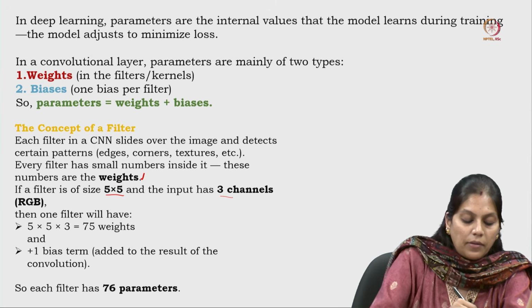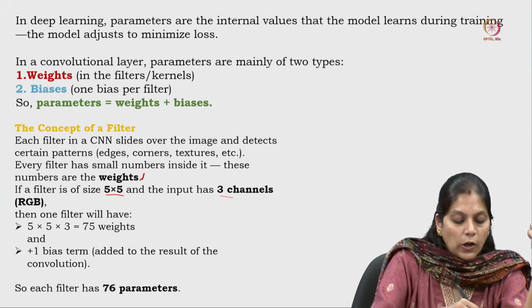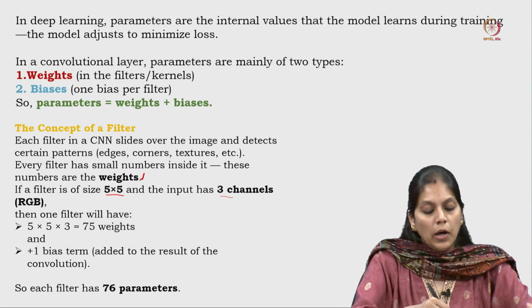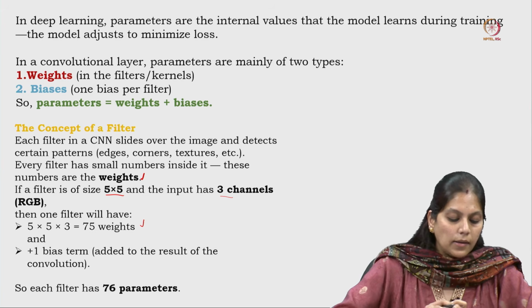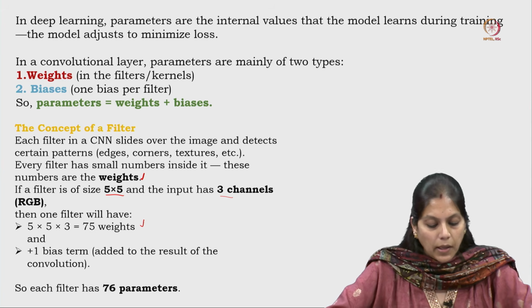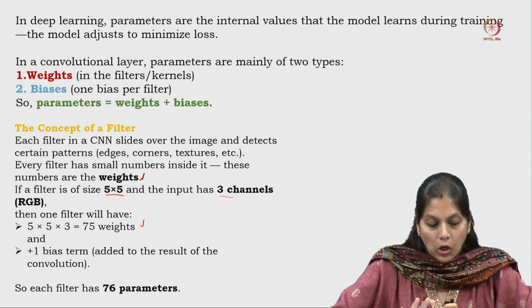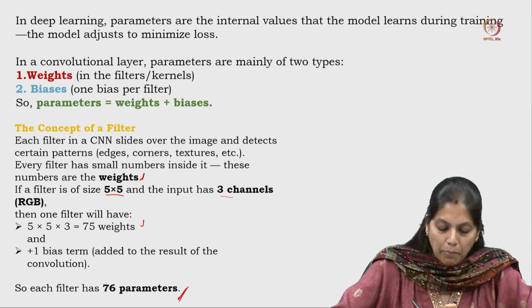It is 75. How do you get this 75? It is 5 cross 5 and 3 such filters. Therefore, the total weights are 75, and there is a plus 1 bias term that is added. So, the total number of parameters here is 76.